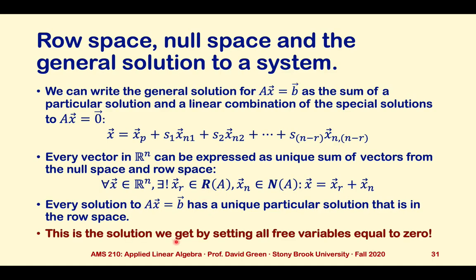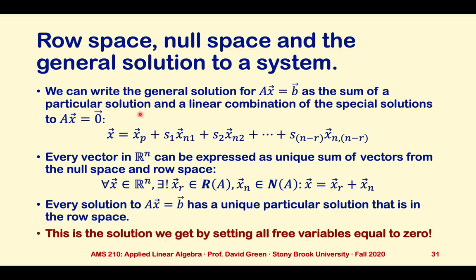This is actually the solution we get by setting all free variables equal to 0. Remember, all of these special solutions had a single free variable set to something other than 0, set to 1. If we have all of the free variable positions equal to 0 in our particular solution, it cannot have any component of the null space in it.